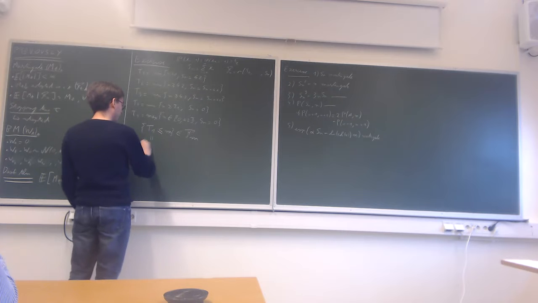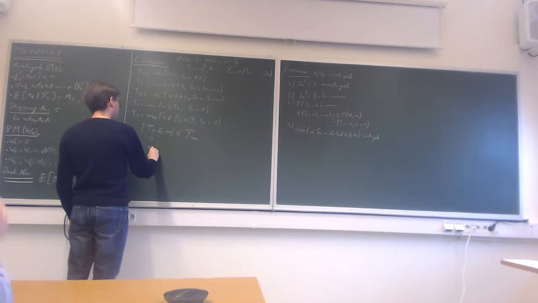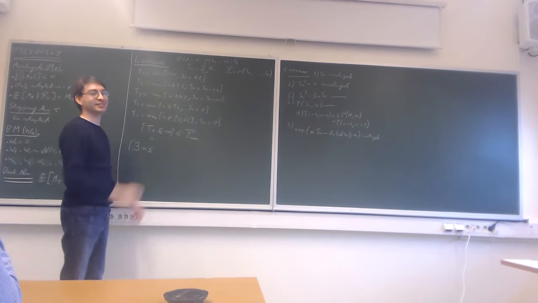So this event is exactly equal to there exists m less than or equal to n such that S_m is equal to 42. 42 is the particular number from the Hitchhiker's Guide. Yes, exactly. I needed a number.